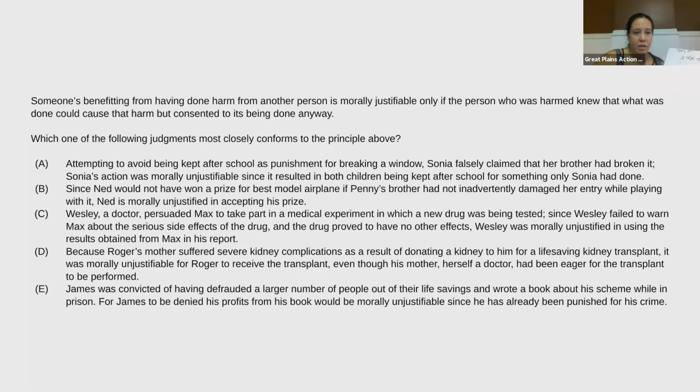So our principle says if this action is going to be justified, the person needs knowledge about what's going to happen and the harm that can be done, and they need to consent to that anyway. Here we have an example where a person was used and a drug was tested on them. They were not informed about the potential side effects. So therefore, that action was not justified.